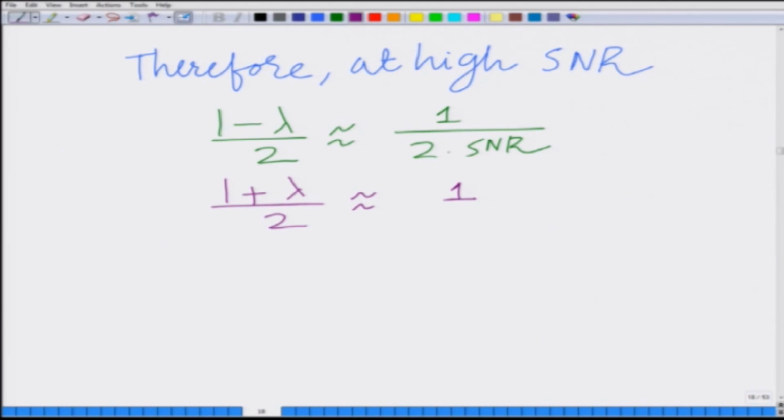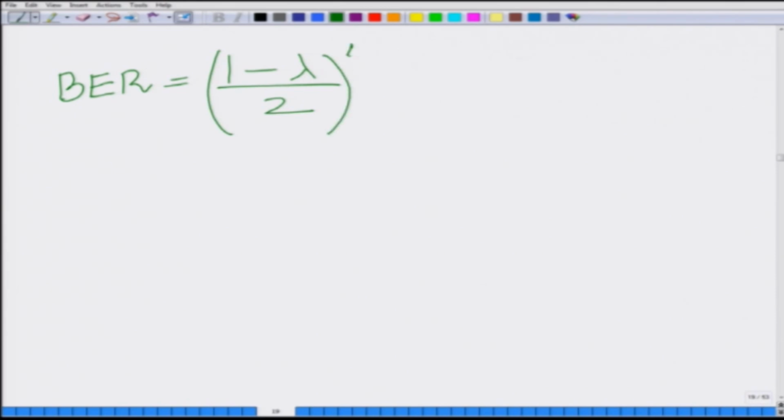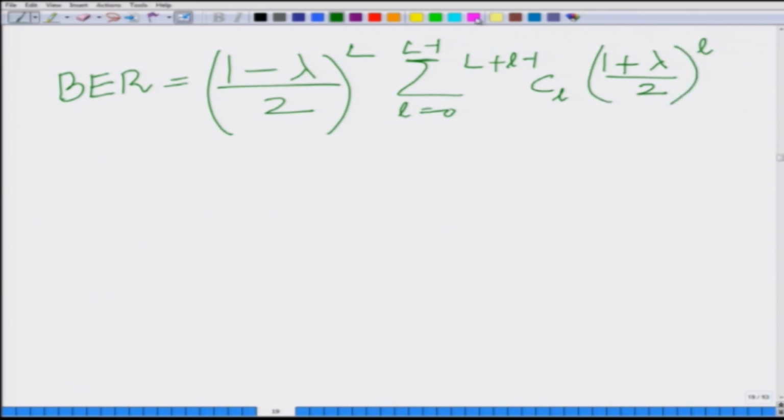And now, I can substitute this in my expression for the average bit error rate. I have the average bit error rate equals (1 minus lambda by 2) raised to the power of L, summation l equal to 0 to L minus 1, (L plus l minus 1 choose l), (1 plus lambda over 2) raised to the power of small l.